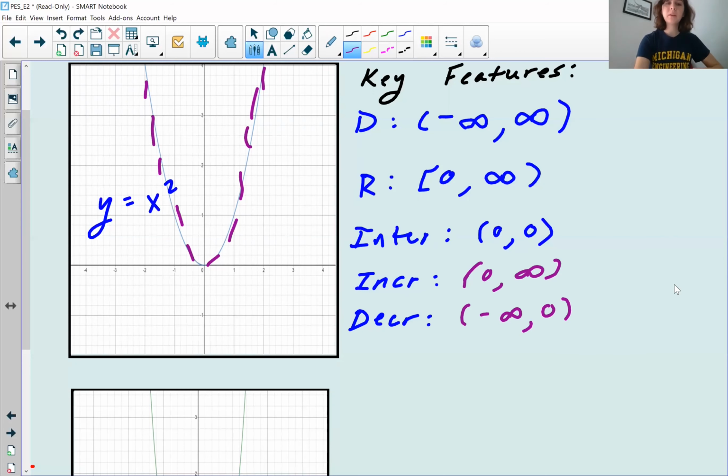Now, we want to go over where this function is positive or negative. So positive and negative, you're looking at the signs of the y values, basically. So is the function above the x-axis or below the x-axis? In this case, it is above the x-axis all the time. So positive from negative infinity to infinity, sorry.